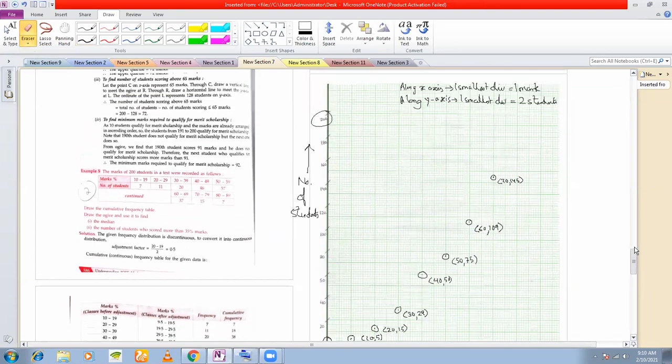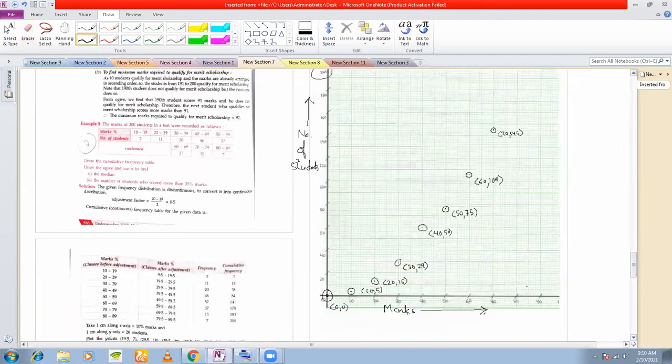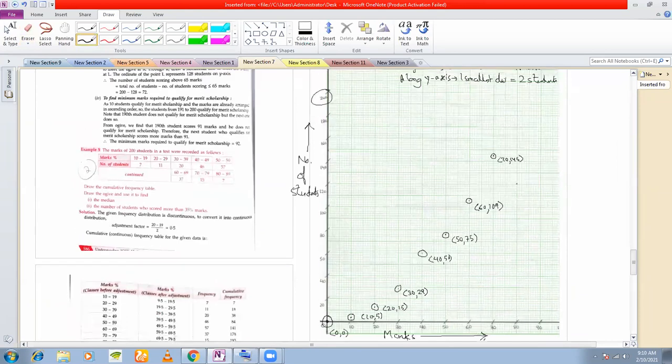Next is 80, 172. Locate 180. So 80, and you have 180 here, right? But you are to locate 172.